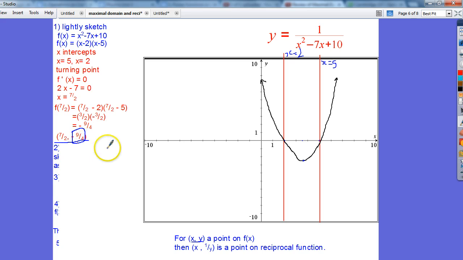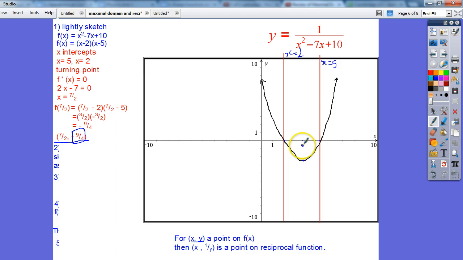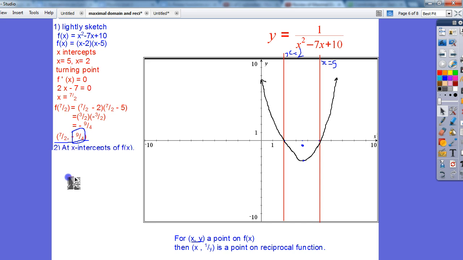So 4 over 9 is less than 1, and it's negative. It's about there. Okay, so that is now going to be a point on my reciprocal function. These are asymptotes for the reciprocal function. Alright, we're starting to get some information to be able to sketch this.